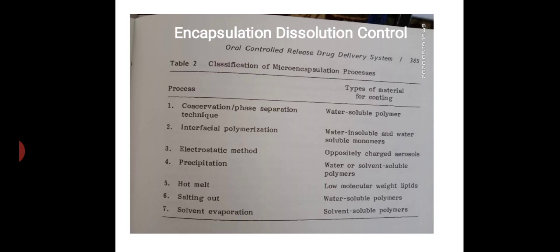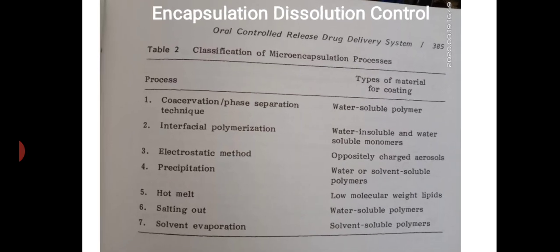We have various encapsulation methods like coacervation phase separation, interfacial polymerization, electrostatic methods, precipitation, hot melt, salting out, and solvent evaporation. For all these methods, we use different types of polymers.